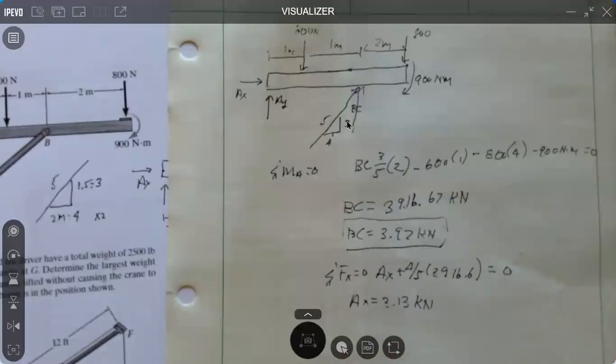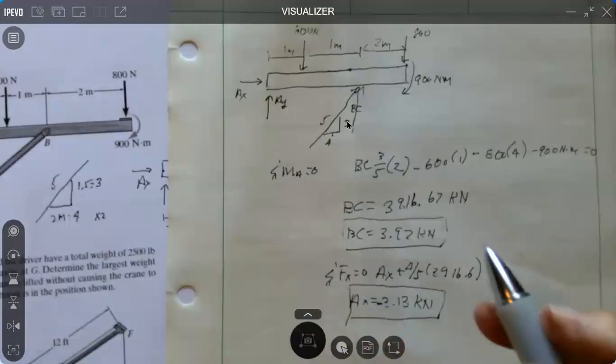And in fact, that is the correct answer. Actually, it comes out to be negative.